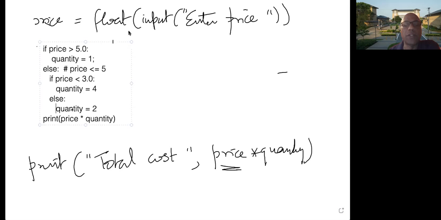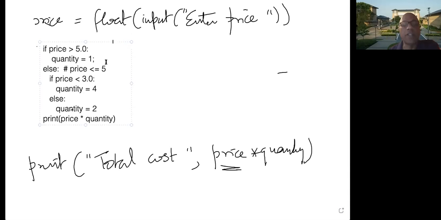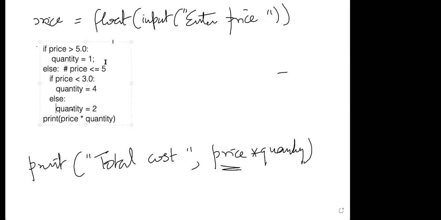Suppose price was $6. Would quantity be 2? No, it would be 1. Correct. Let's try a few other things then. $5. The quantity would be 2. Correct. Why is it 2?